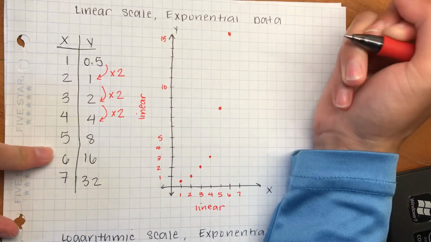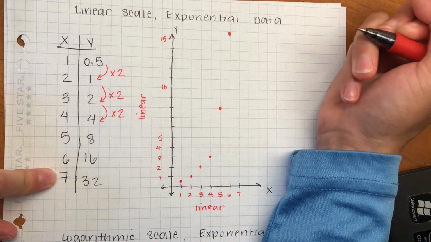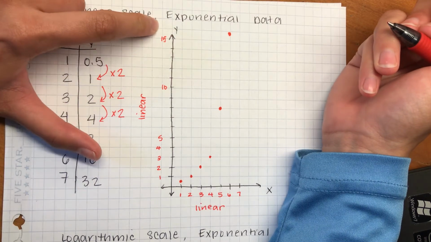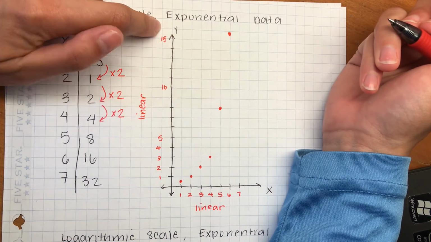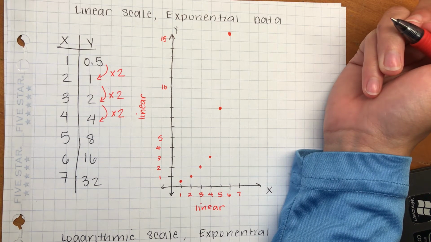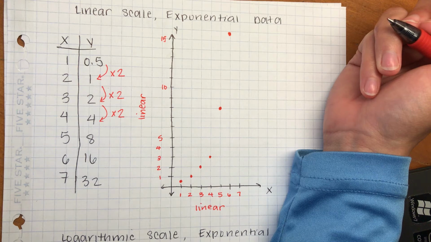Now that's almost off my graph. And I can't even put the next point on this graph, because my highest value here is 15, and then I went one more to 16. So we run into this problem. When I'm trying to graph my exponential function, I can only go so high.